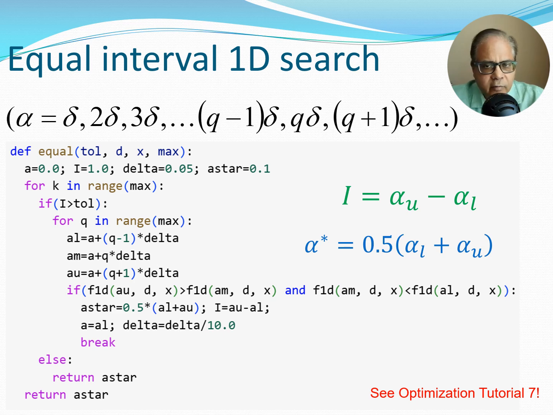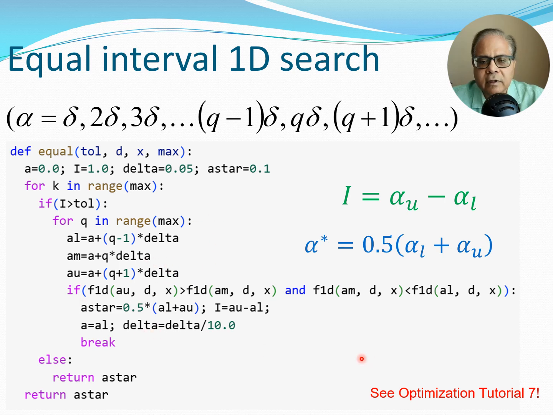Now, of course, we require the 1D search. So the 1D search is the simplest one here. Essentially what we do is that we move forward in steps like this. So we start with delta, 2 delta, and so on. And we basically try to bracket the minimum between q minus 1 delta, q delta, and q plus 1 delta, which you can see is done here. So we go from q in range max and we do this thing here.